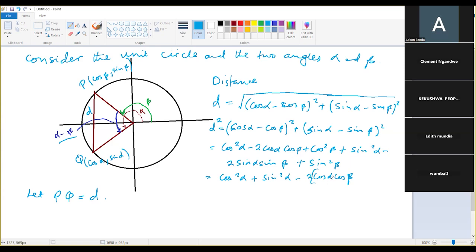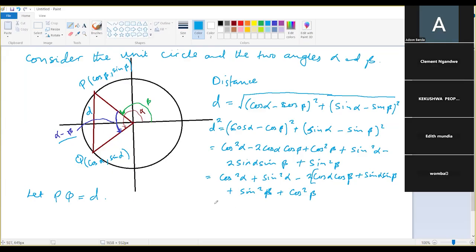So you have 2 of cos alpha cos beta plus sine alpha sine beta, those terms with a negative, of course. And then the last two terms that we can think of are sine squared beta plus cos squared beta.